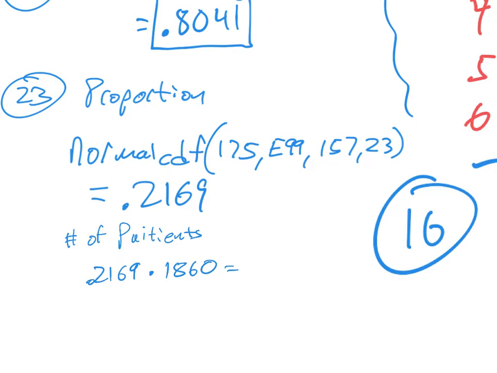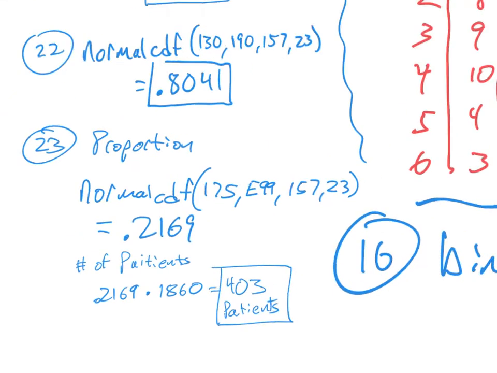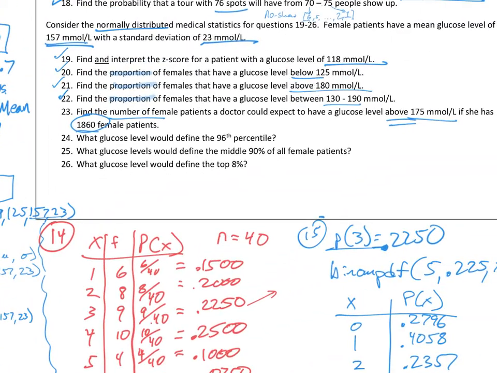Second answer times 1860. Don't retype 0.2169. Use the answer key to bring back a more exact number. Okay, so about 433 patients. That's what we expect. Okay, that's the idea. All right, almost there.